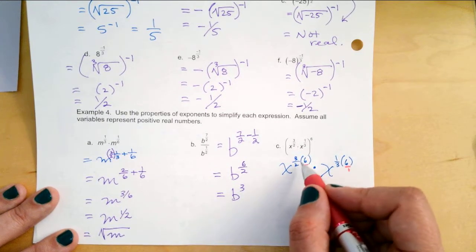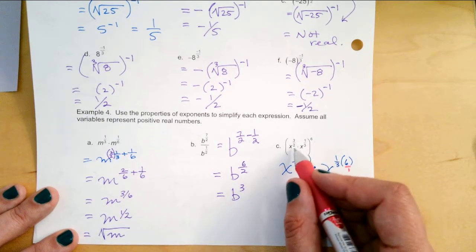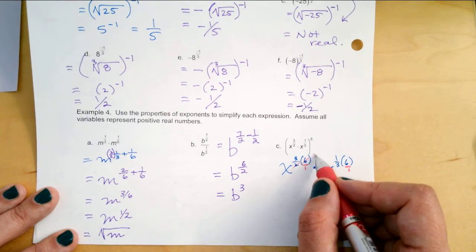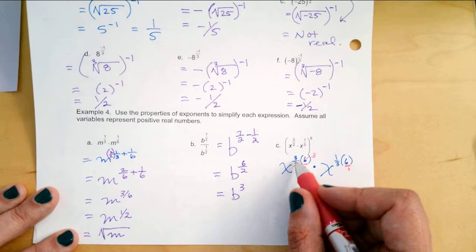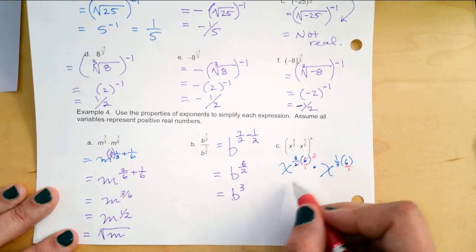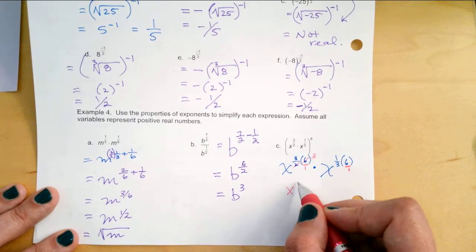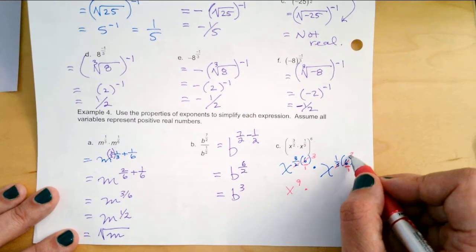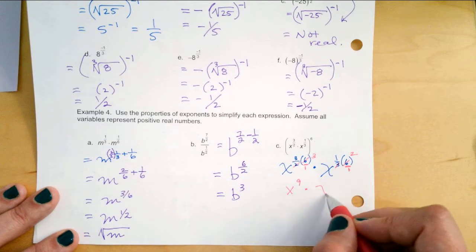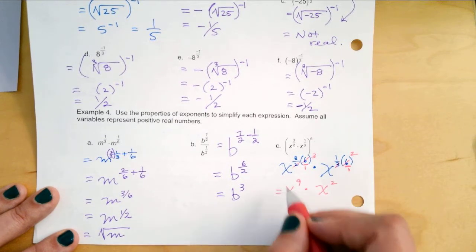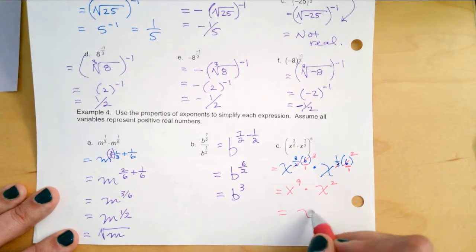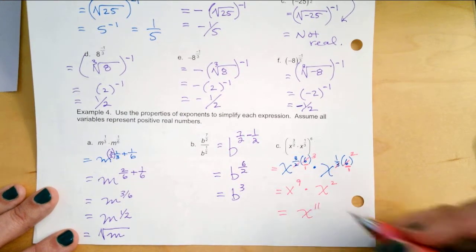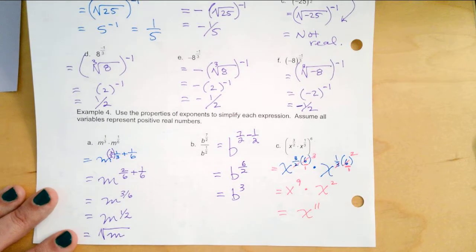Remember cross cancel? Because when we're taking power to a power, we can multiply. Here we get 2 goes into 6 3 times. X to the 3 times 3 is 9. Okay, 3 goes into 6 how many times? 2, that's cross cancel. X squared. And what do you get in the end? X to the 11th power. Okay, any questions on that?